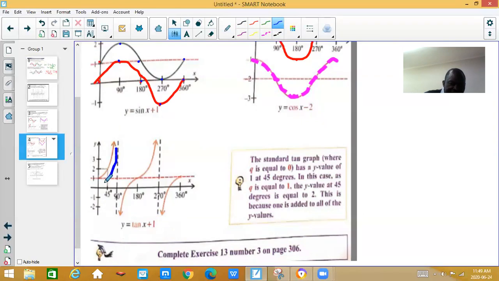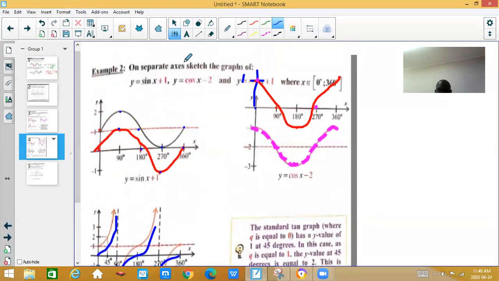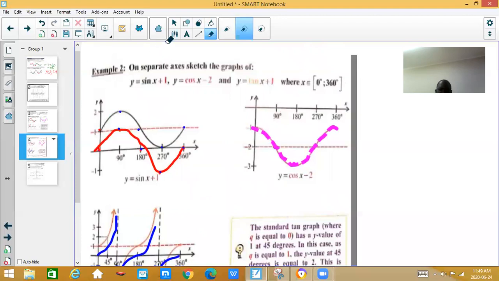It was something like this, and here it was something like that, and here it was something like that, the blue one. Now, let us look at this one, because we are basically looking at the shifts along the y-axis. With your permission, let me erase this one.